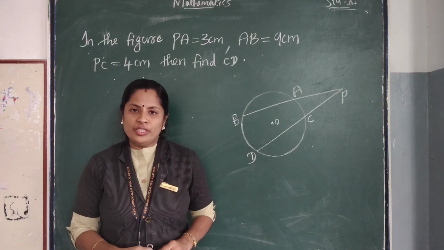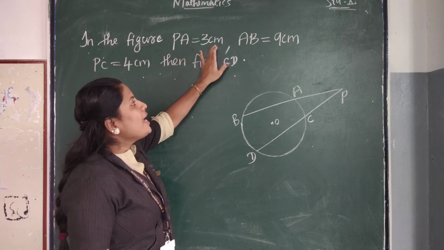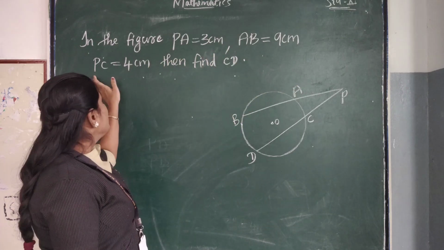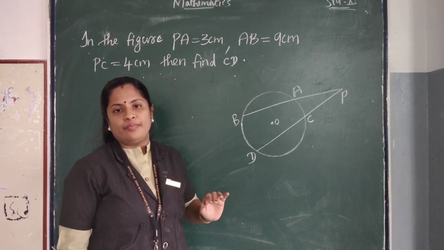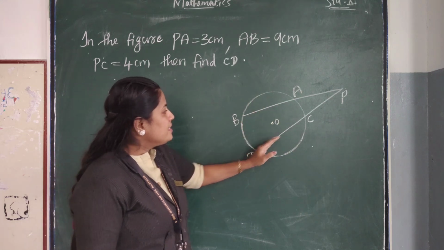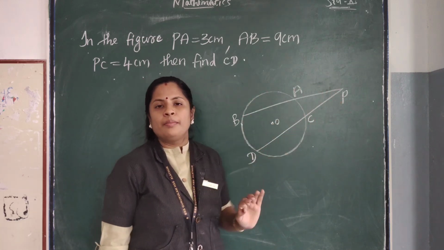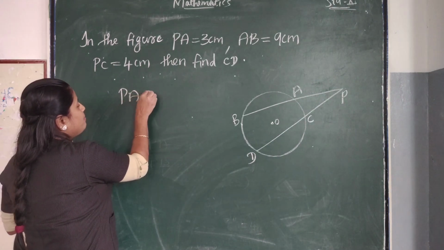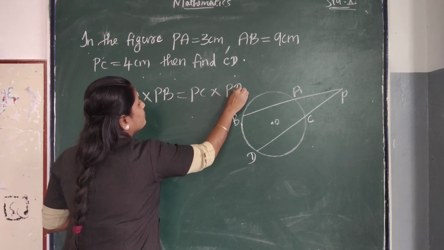Okay, we can move on to the next question. In the figure, PA equal to 3 cm, AB equal to 9 cm, PC equal to 4 cm, then find CD. Here O is the center of the circle and CD and AB are chords extended to meet at P. So here also we can write PA into PB equal to PC into PD.